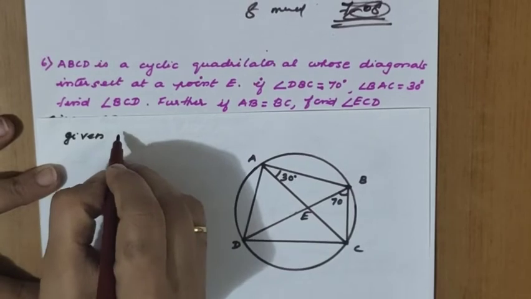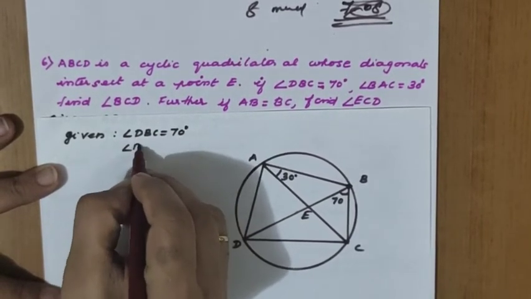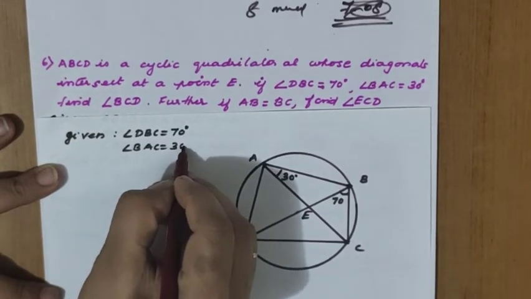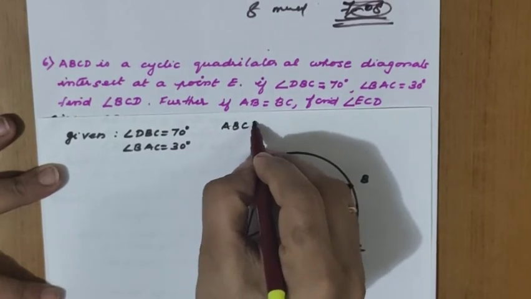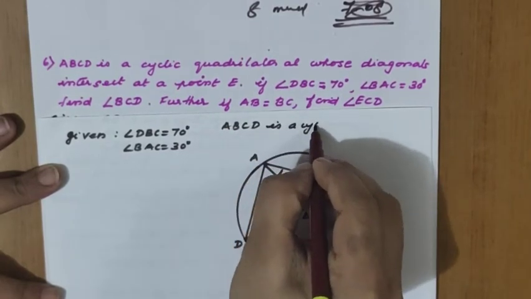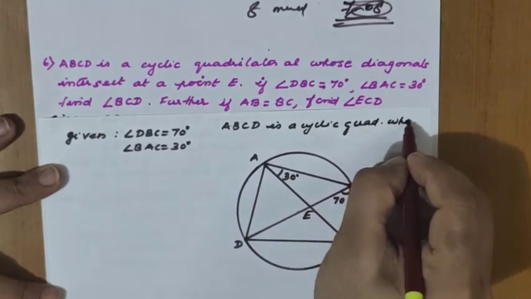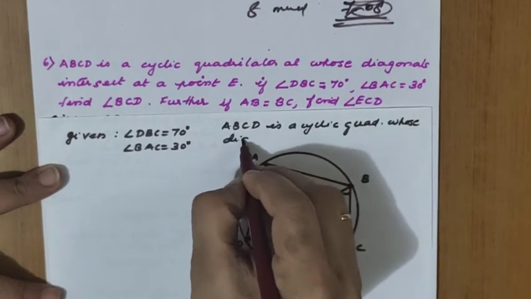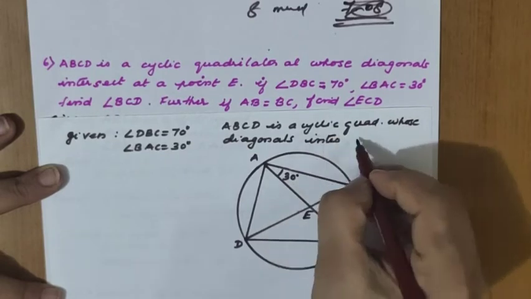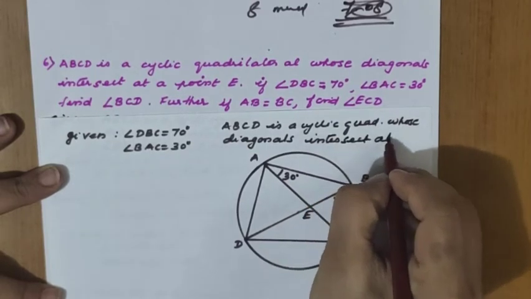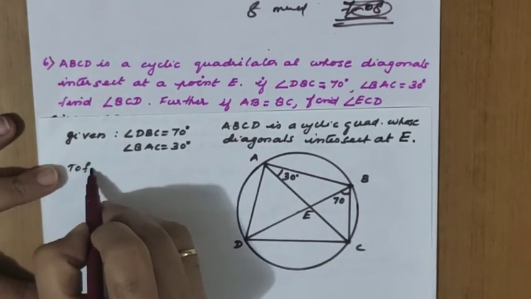Given angle DBC equal to 70 degrees, angle BAC equal to 30 degrees, and also we should add here that ABCD is a cyclic quadrilateral whose diagonals intersect at E. To find, two parts are there.